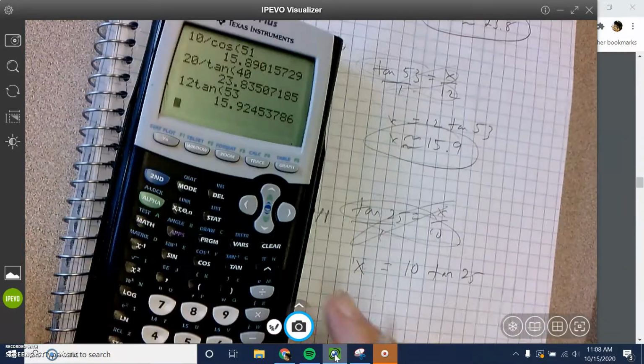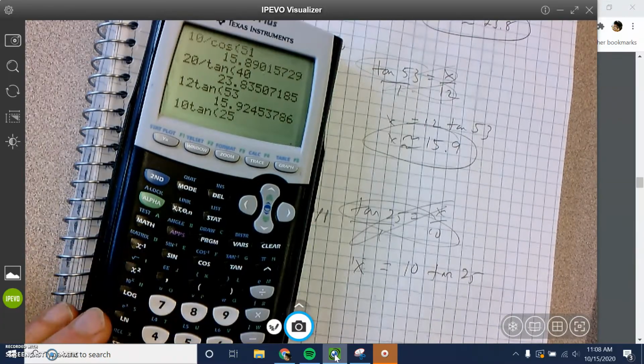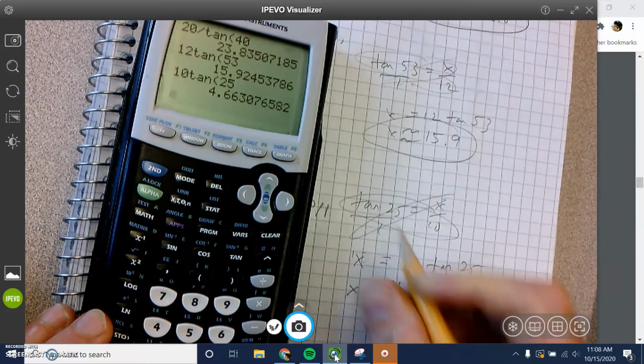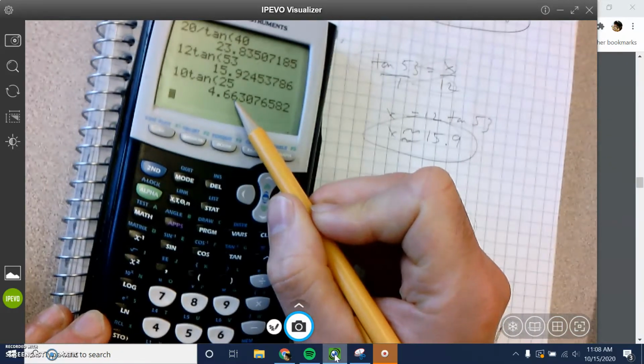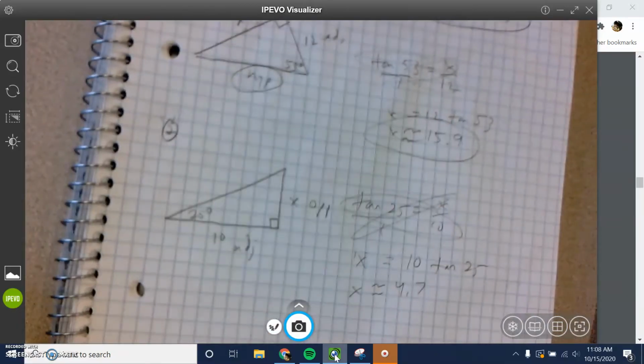So 10 tangent 25 is approximately 4.7, because this hundredths place is more than 4, so this goes up to a 7. There you go. Got it. Nice job, everybody.